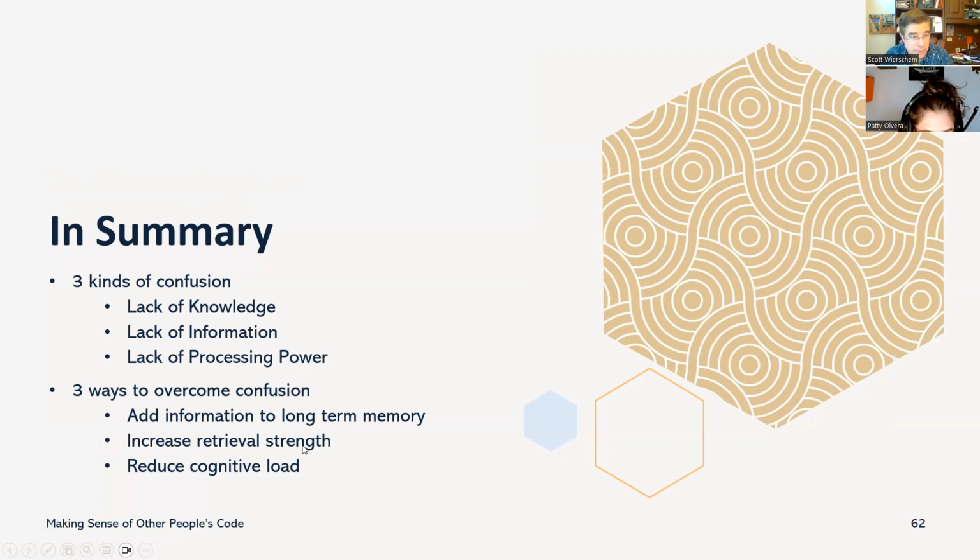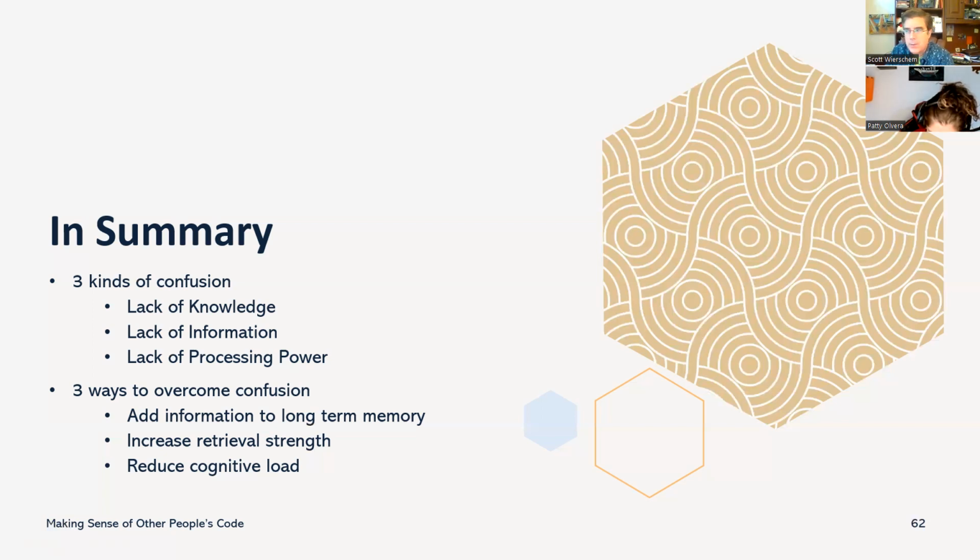Increase your retrieval strength by practicing remembering stuff through the flashcard tools, and then reduce your cognitive load by mastering the tools that you have to break up the problem into easier to remember chunks. So yeah, it's making things into small enough chunks that we can fit them into our brain.